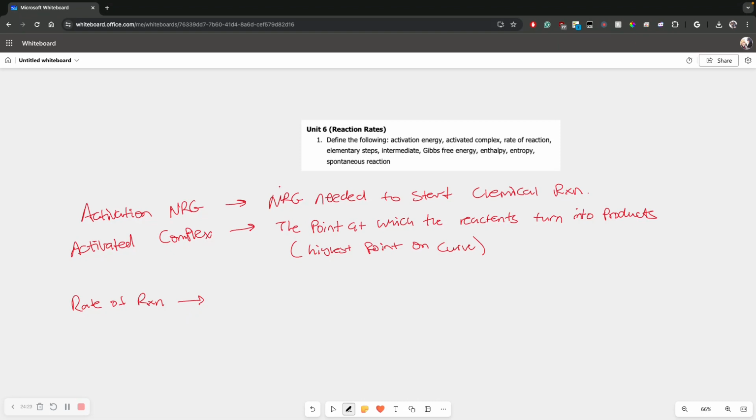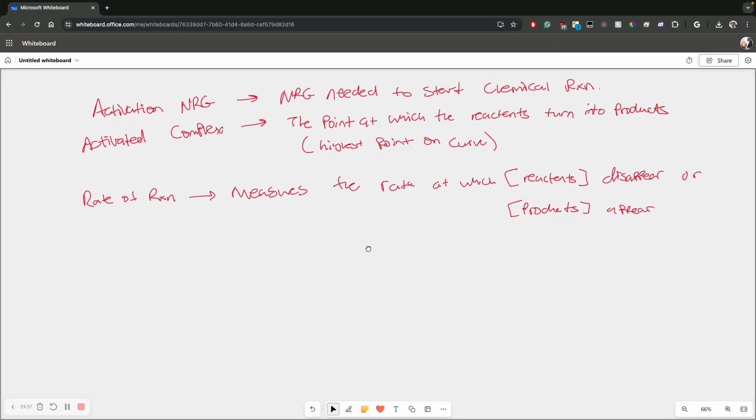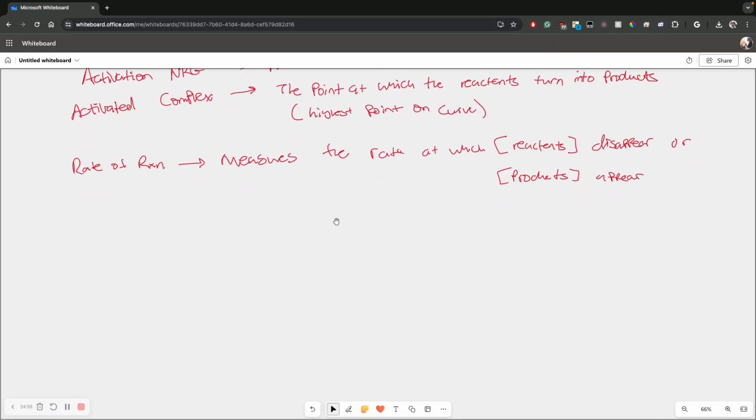So in elaboration, that measures the rate at which the concentration of your reactants disappears, or your concentration of the products appears. And that is rate law, or rate of reaction. It's just measuring the rate at which your concentration of reactants and products disappears and appears respectively.